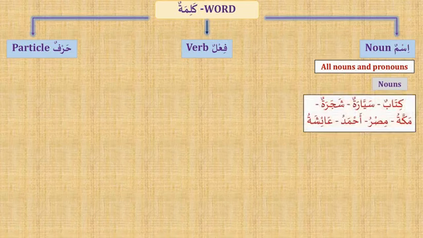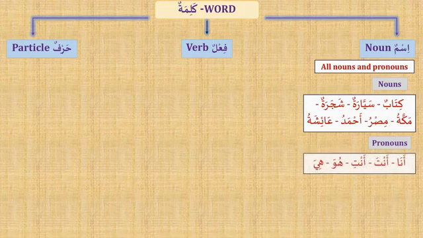Some examples of nouns are كتاب, book, سيارة, car, شجرة, tree. Mecca, a city, Misr, Egypt, Ahmed, and Aisha are proper nouns. Pronouns like personal pronouns أنا, I, أنت, you for male, أنت, you for female, هو, he, and هي, she.